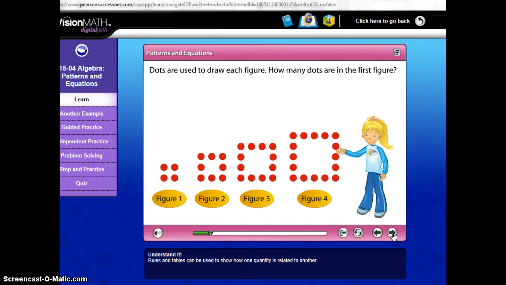There's dots used for all of these figures. How many dots are in figure 1? Emma? How many dots are in figure 2? Sam? How about figure 3? Kaden?